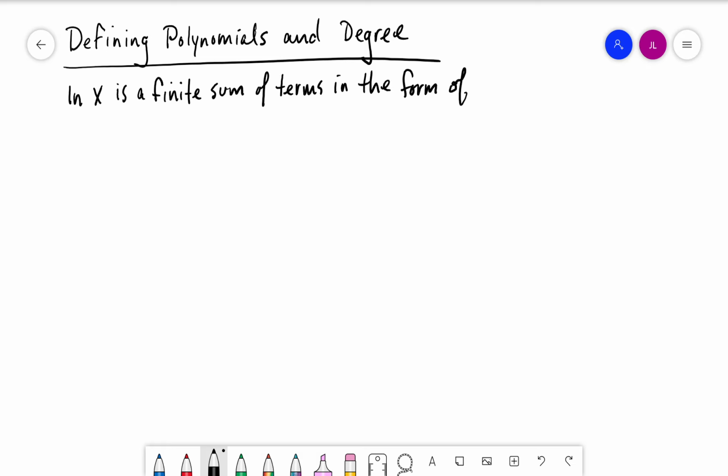of a times x to the n. Now, a has to be a real number, and n has to be a whole number.